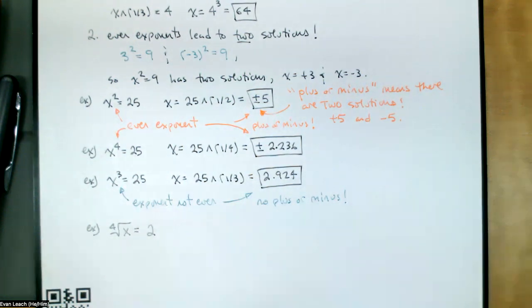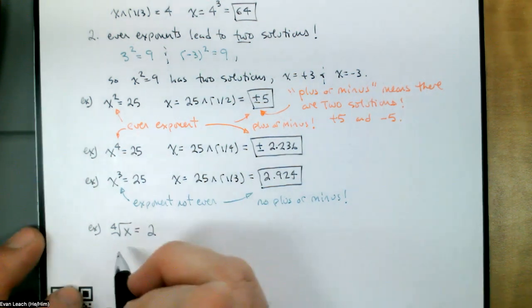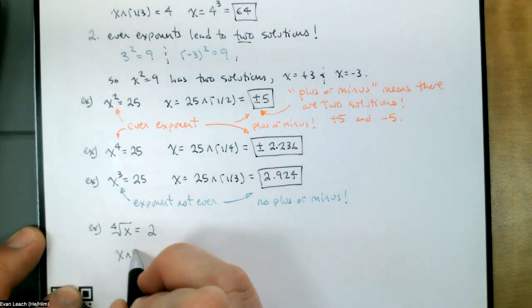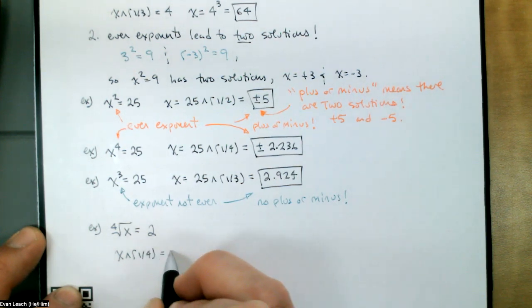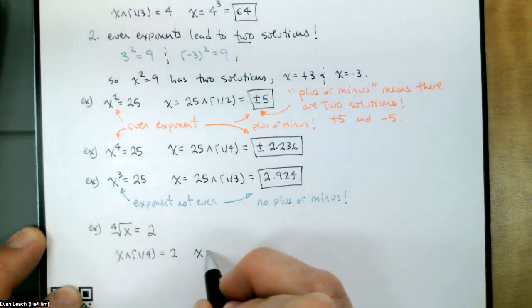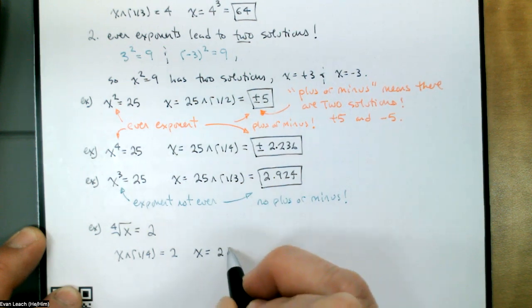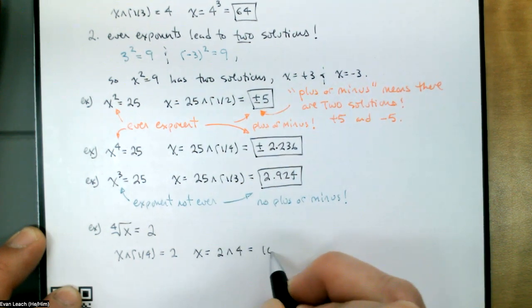This is not an even exponent. It's an even index, which is not an even exponent. The exponent here is 1/4. So this means x to the 1/4 is equal to 2. So we'll say x is equal to 2 to the 4th, or 16.